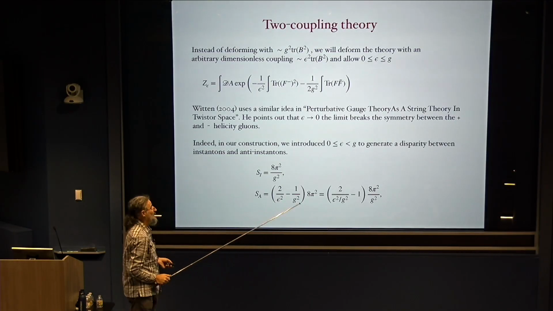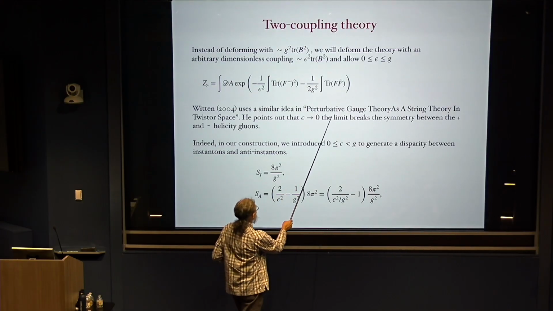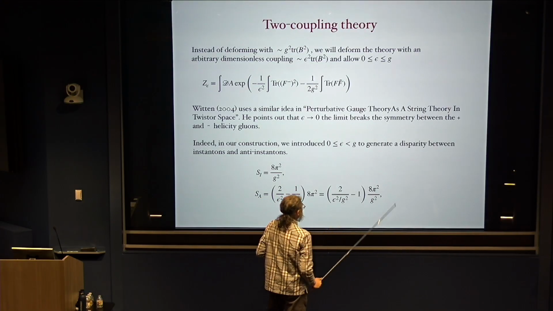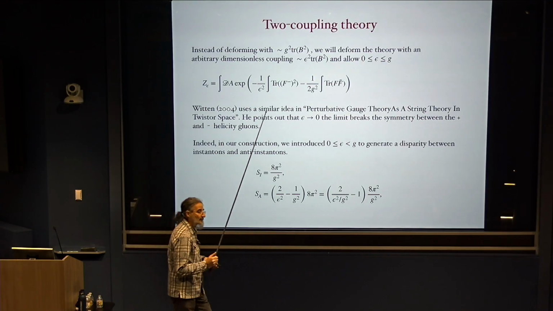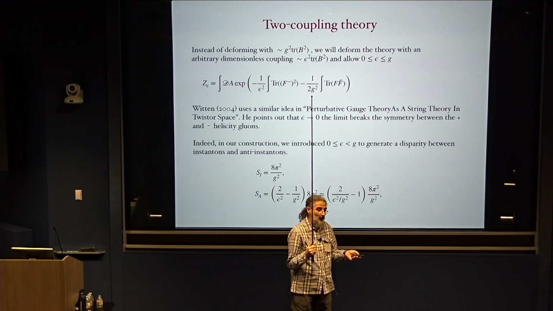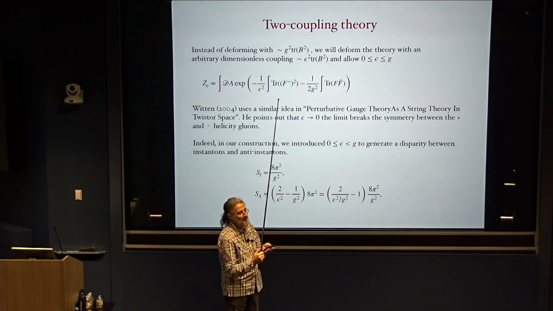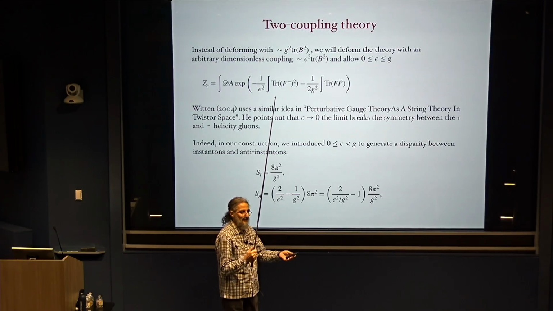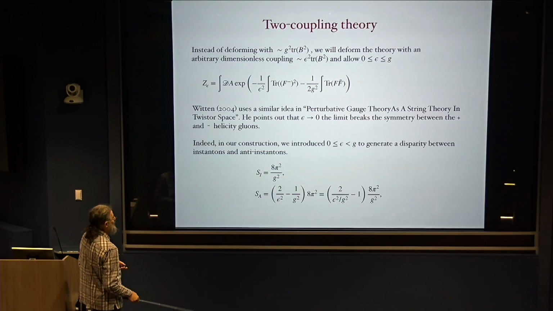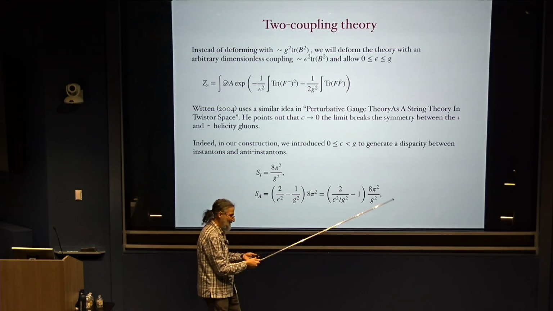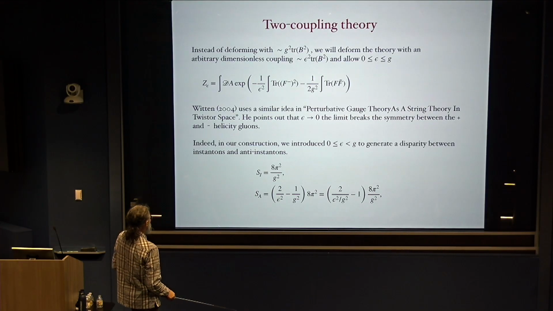And again, to my surprise, Witten, I told you I have a good backup for this. In this very interesting paper, Perturbative Gauge Theory as a String Theory in Twistor Space, he actually constructed the same idea to bring back positive helicity amplitudes to the game, because the game was based on negative helicity amplitudes, and to bring them both together to make the symmetry between positive and negative helicity back again, make the theory back Yang-Mills.